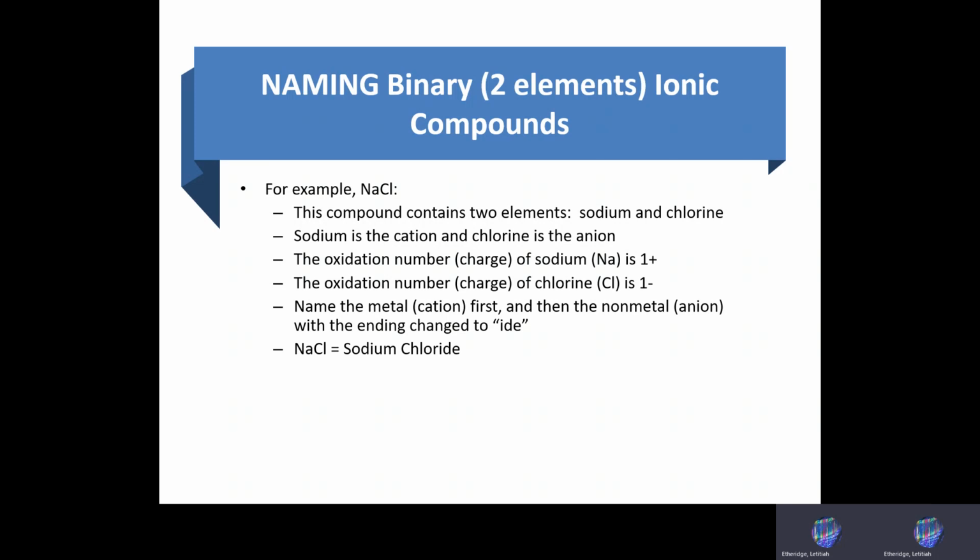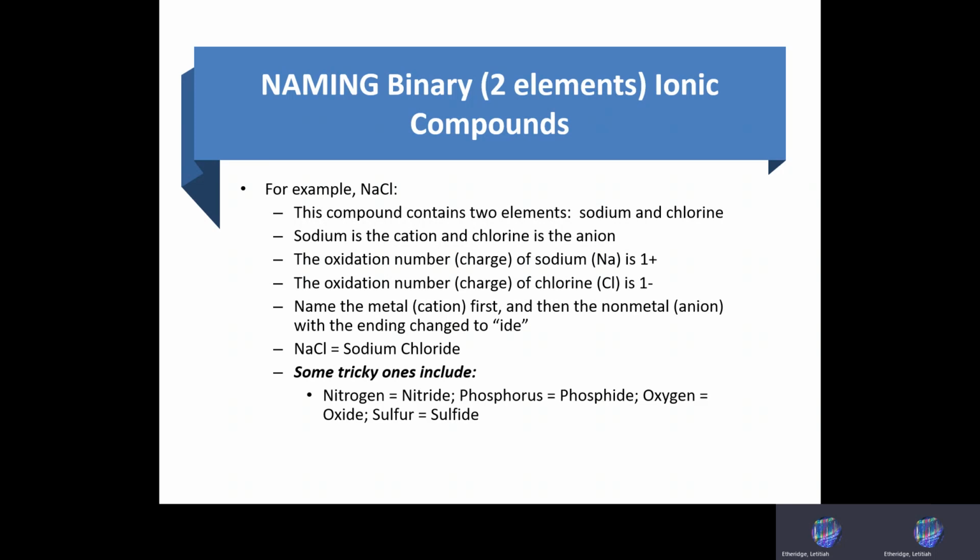Now, there are some exceptions to the rule. They're a little bit tricky, okay? We changed them because it really didn't make sense to leave them the way they were. So for example, nitrogen, we don't say nitronide, right? We say nitride. Phosphorus, we don't say phosphoruside, right? We say phosphide.